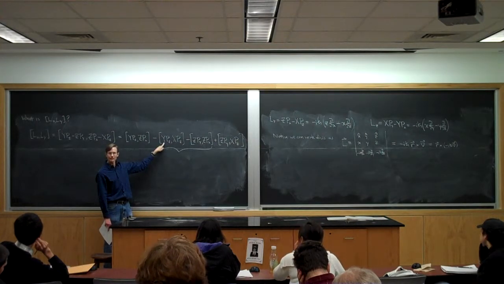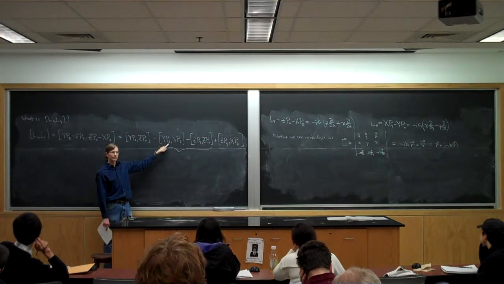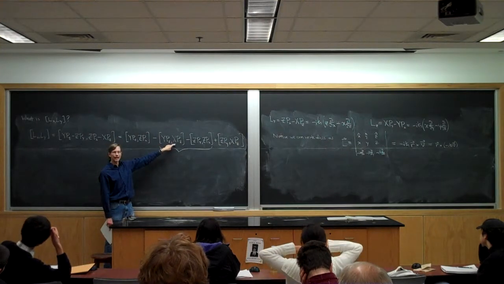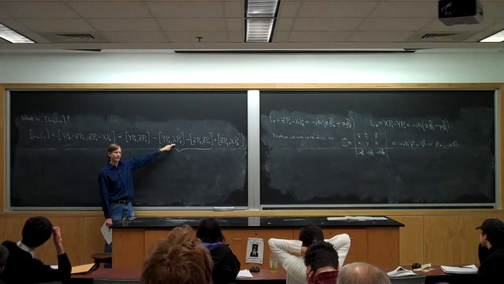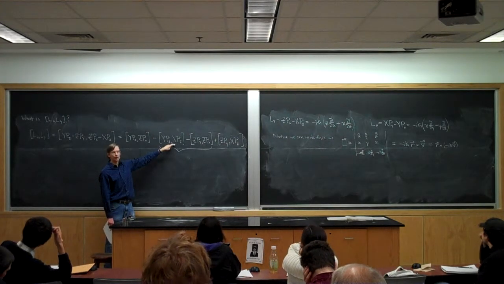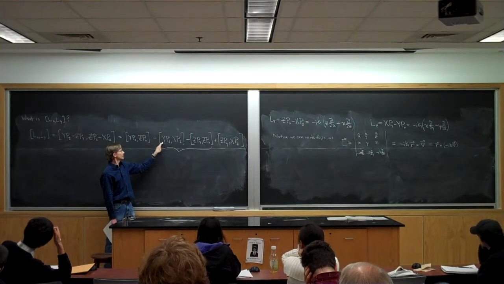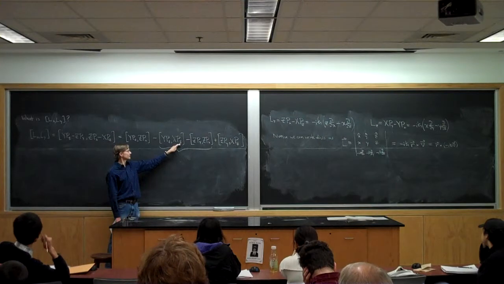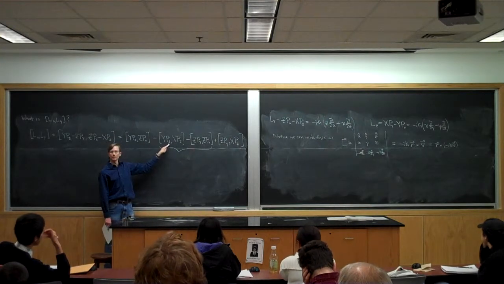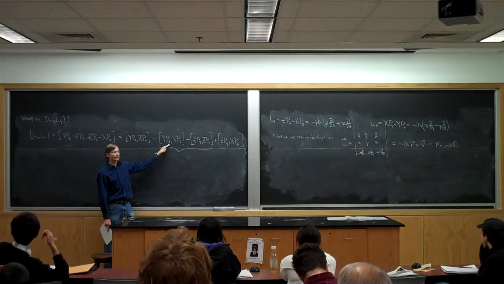Y just looks like a constant. So these guys commute with each other. Does y commute with x? Yes, it does, because multiplication in the coordinate basis, x times y is y times x. Does x commute with pz? Yes, it does. So all these guys commute with one another. It's a big, happy commuting family.